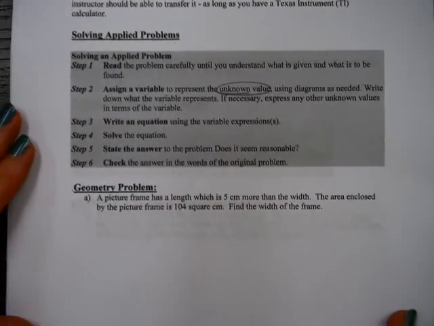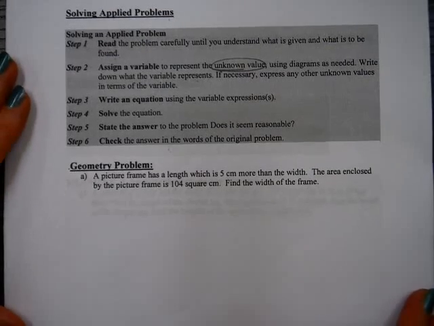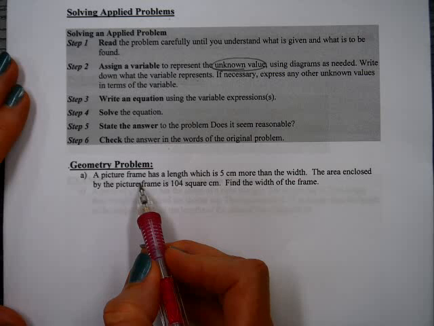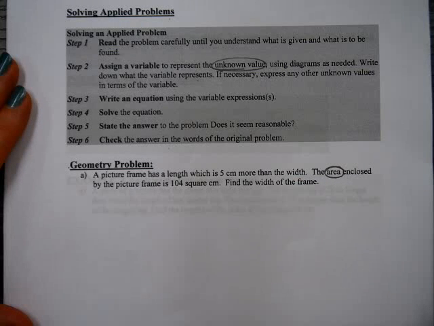The first type of problem we're going to look at is called a geometry problem. A picture frame has a length which is 5 centimeters more than the width. The area enclosed by the picture frame is 104 square centimeters. Find the width of the frame.